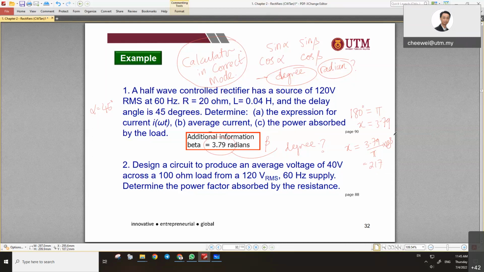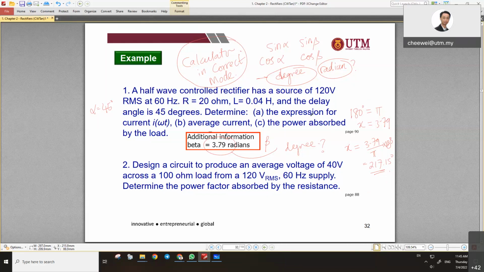How come I get 217? Anyone else has calculated 3.79 divided by pi times 180? Correct, 217.15. Betul. Okay, good. So make sure you know how to calculate this one.